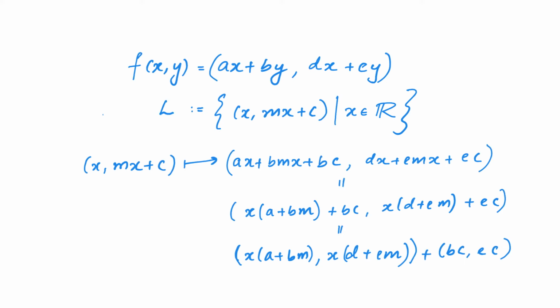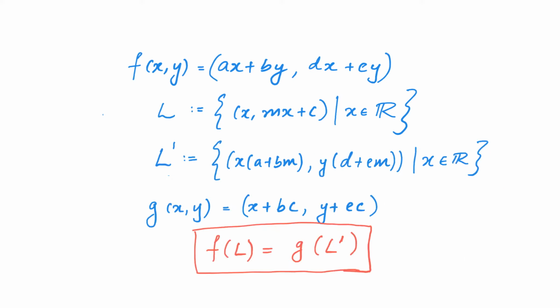More precisely, if f(x, y) is equal to (ax + by, dx + ey), and L is the set of all (x, mx + c), where x is in R, and L' is the set of all (x(a + bm), x(d + em)), where x is in R, and g(x, y) is equal to (x + bc, y + ec), then f of L is equal to g of L'.